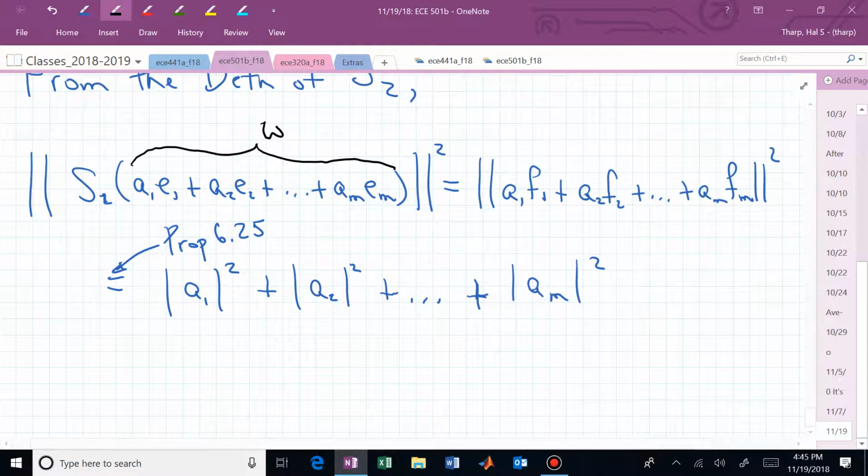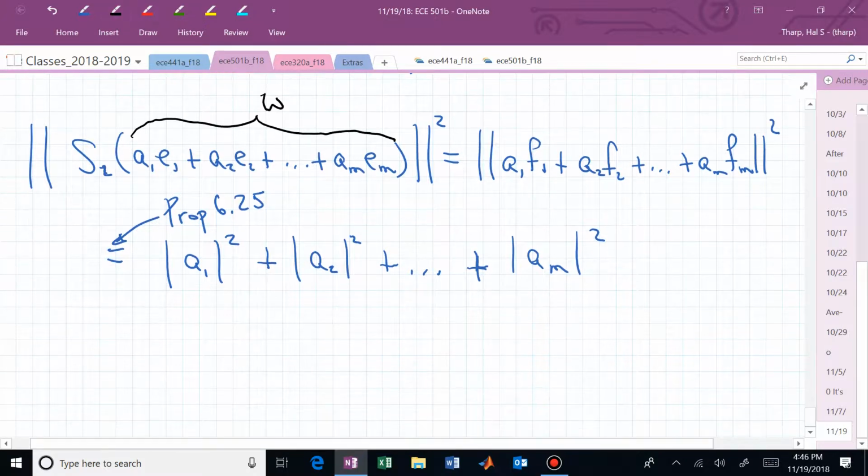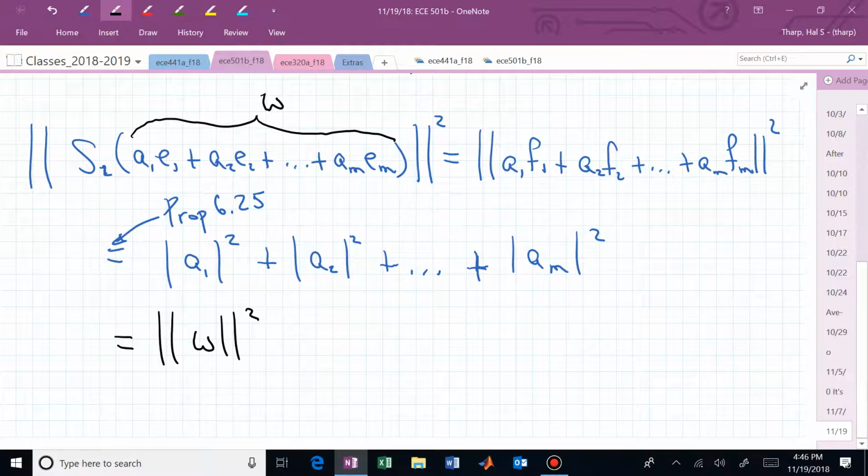And so the norm squared of w has to equal that sum of absolute values of scalars squared. I hope I said the right thing. So this is the same as the norm of w squared. Huh! What have we just shown? I don't know. What have we shown? I'm so confused.